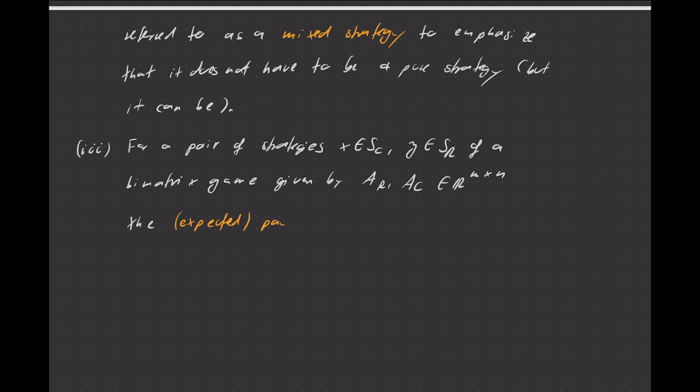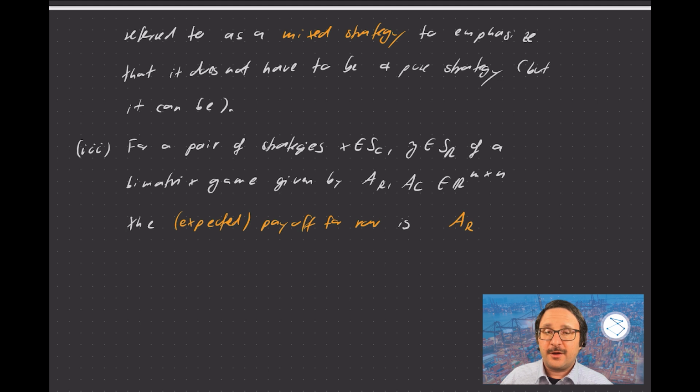So the expected payoff for row is, well, what is that? The expected payoff for row is, of course, given by the payoff matrix, A_R. Now, the column player plays x, the row player plays y.